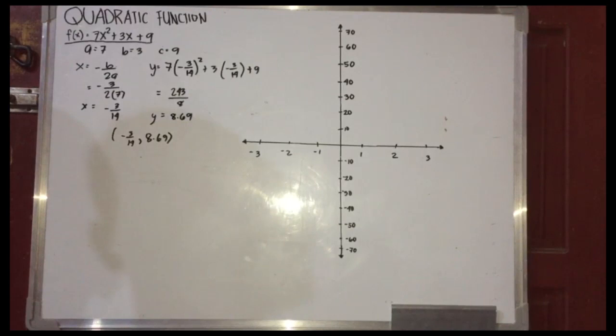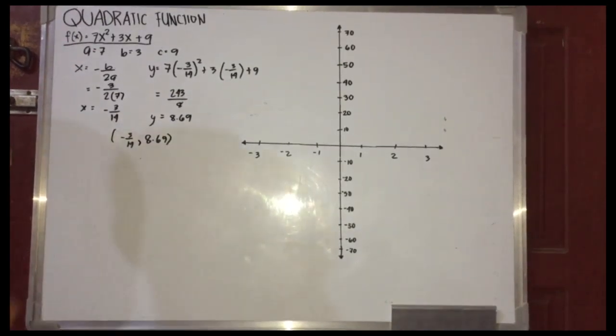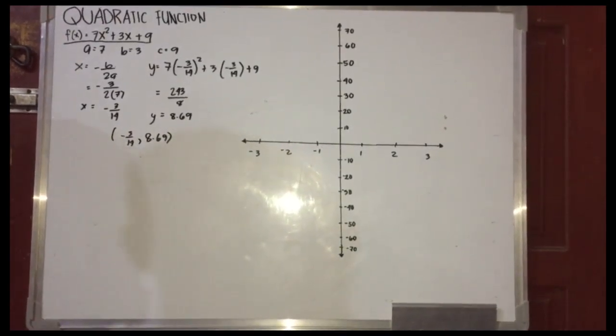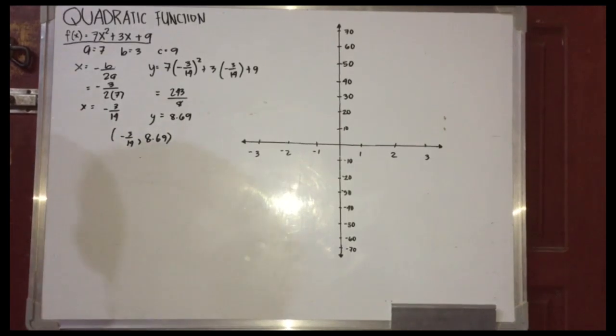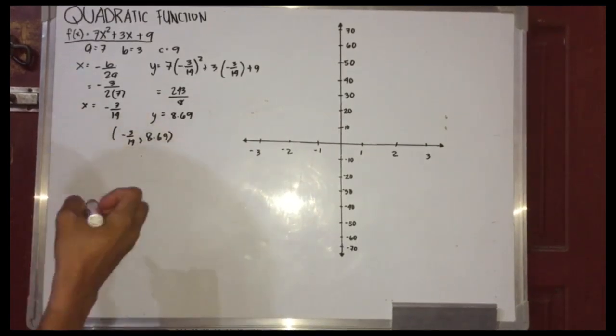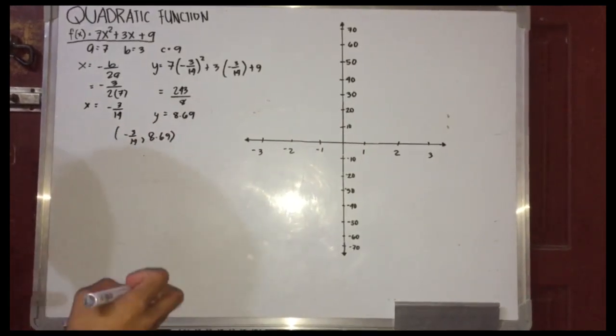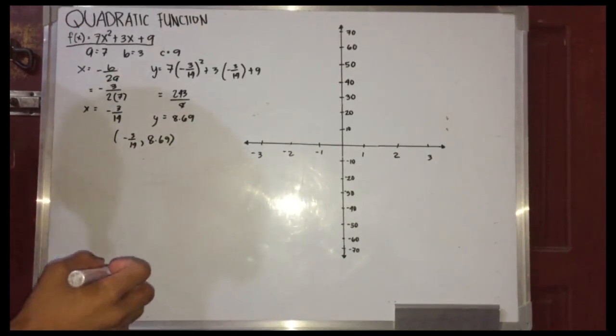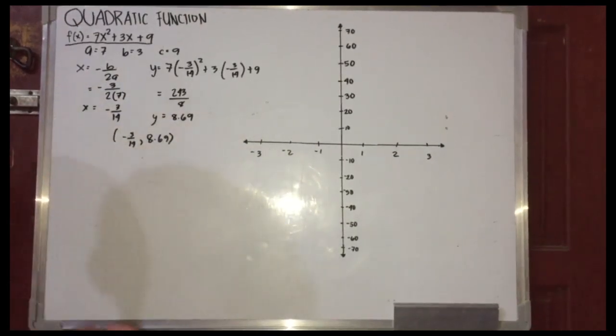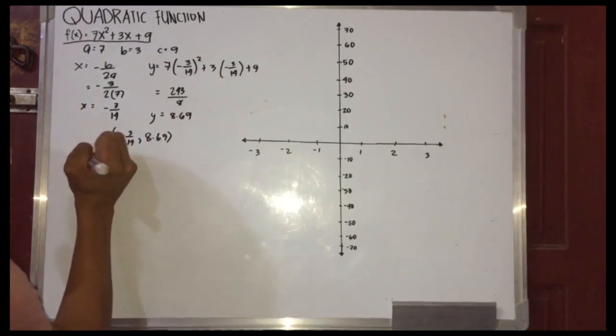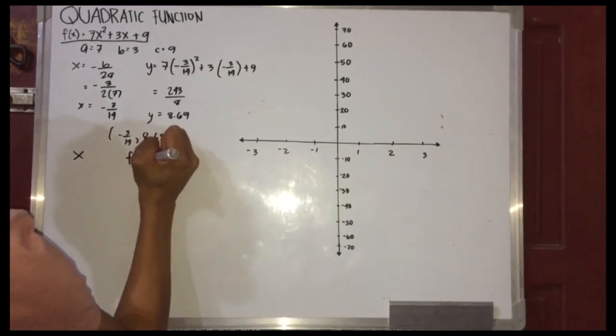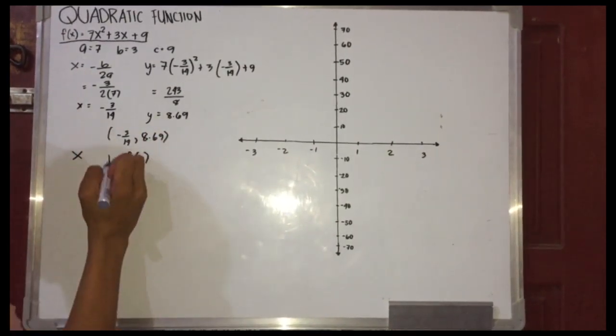So that's our vertex. Then the next thing we need to do is to try to find a value, or try to assign a value of our x to, like this.